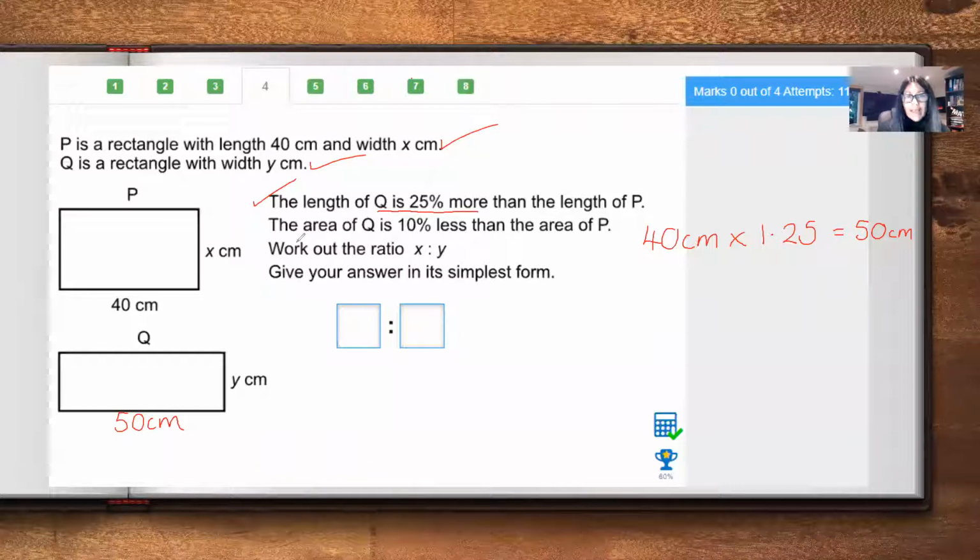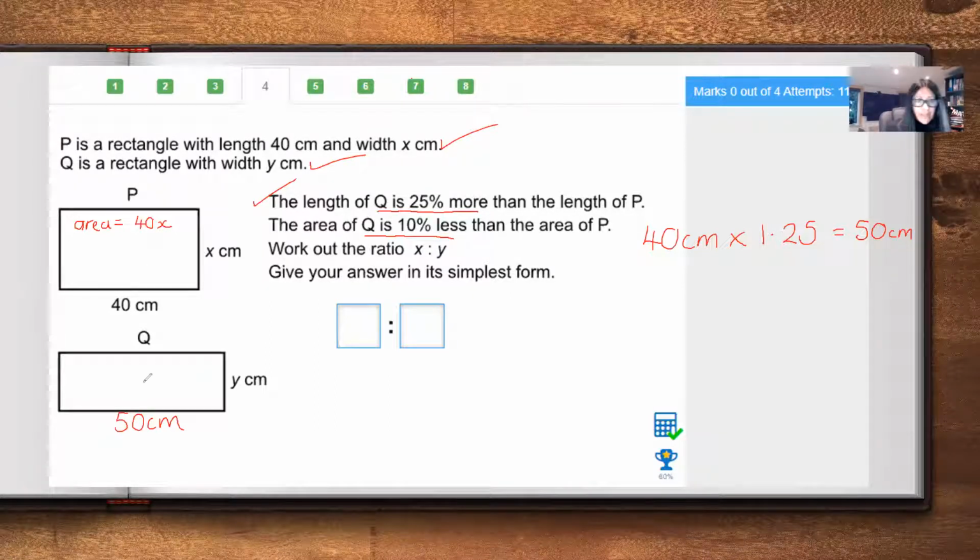Okay, the area of Q is 10% less than the area of P. So let's write the areas on the actual diagrams. The area here, length times width, is 40x centimetres squared.